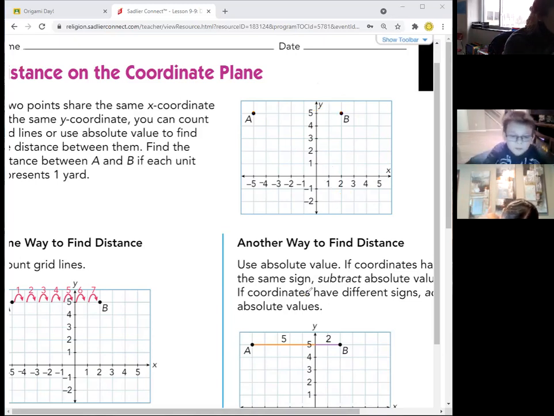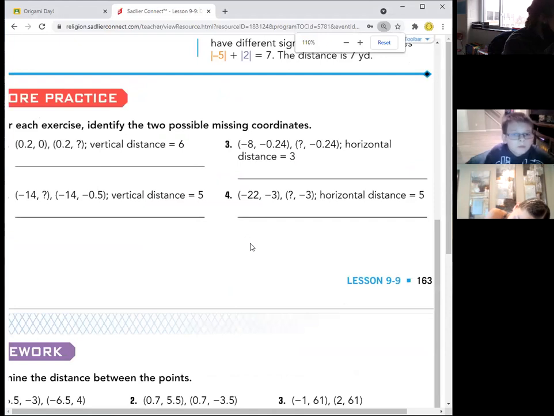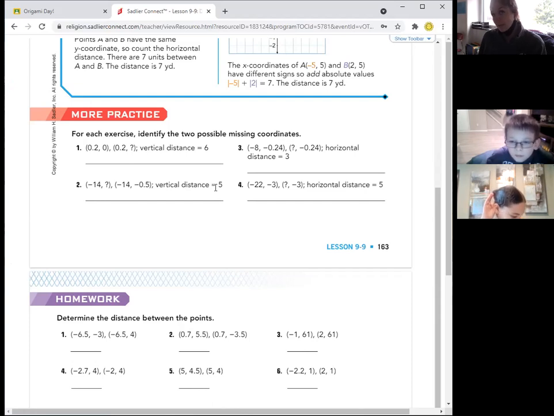So what if you don't have a drawing at all? As you can see down here in the exercises, they don't give you a graph at all. You just have to look at the distance between the written coordinate points. So I'm going to try to identify what number would make these 2 points 6 units apart from each other.